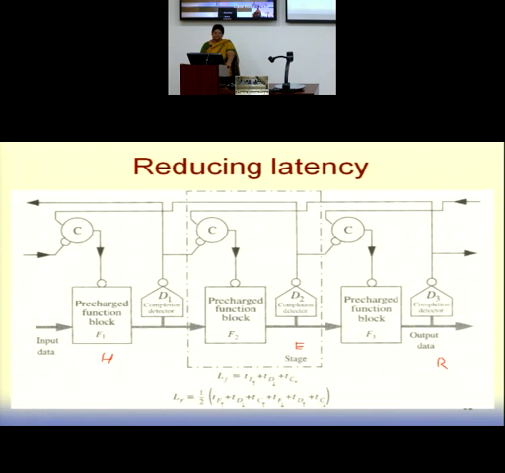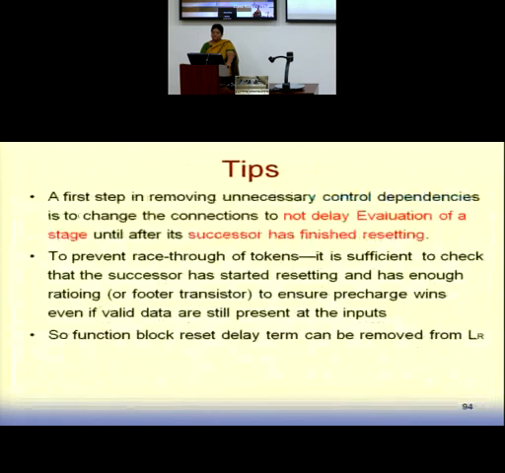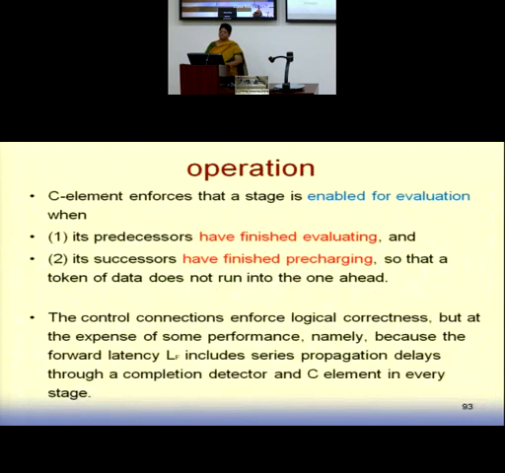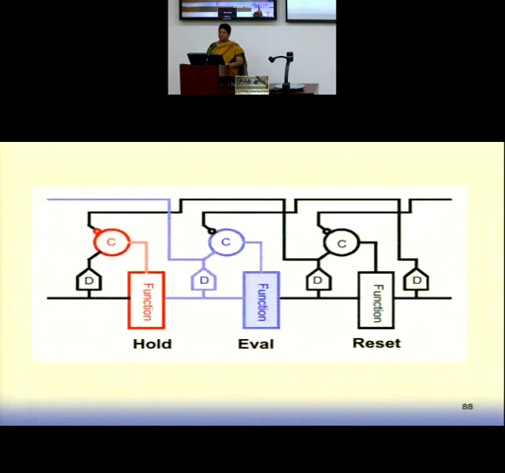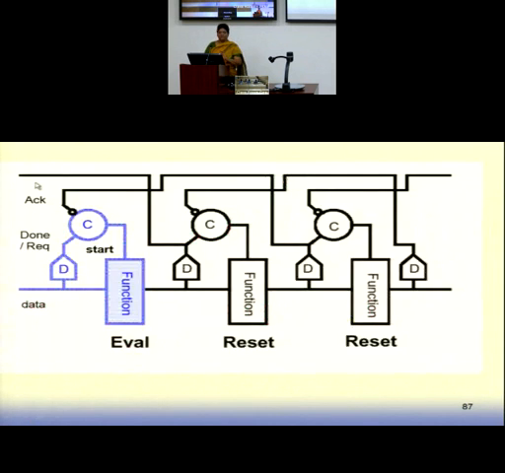So how to knock off? Now we have to see two techniques by which it can be done. Whenever you have a stage enabled for evaluation, look at this diagram. Initially, it's a 3-stage pipeline which is being shown, and all the pipeline is initially in a reset mode, meaning they will all be in a pre-charge mode. Then the first data comes, the request comes, it is enabled, and this goes into the evaluation mode.